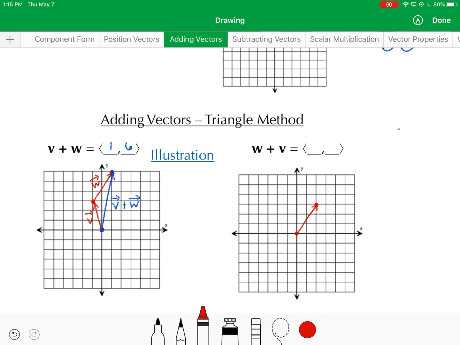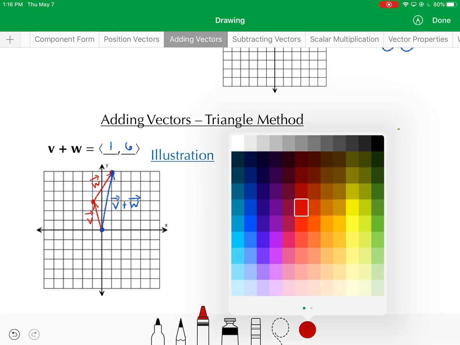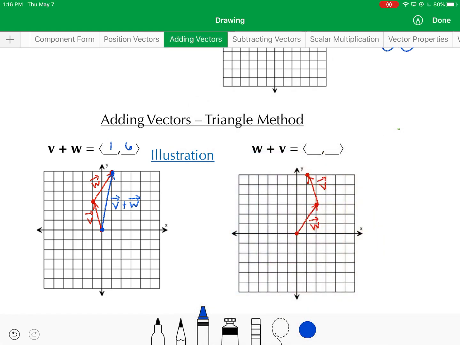So there's your vector W. And then off of that terminal point, draw vector V. Okay, which again was 1 unit to the left and 3 up. So there's vector V. And my resultant vector would be this one.